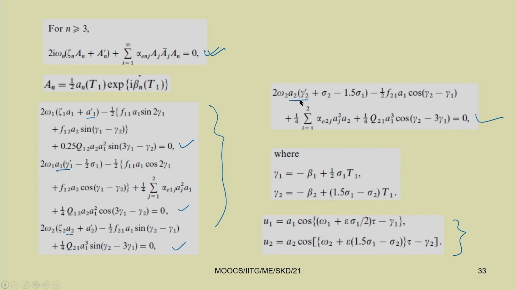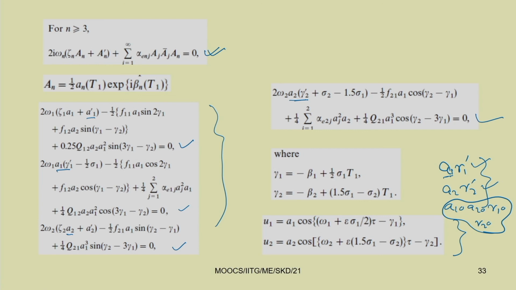So, due to the presence of this a 1 gamma 1 dash and a 2 gamma 2 dash, if we are considering, for example, a 10, a 20, gamma 10 and gamma 20 as the steady state response, and we perturb these, then for the trivial state this perturbation will no longer be there, due to the presence of this coupled term a10 and a20.